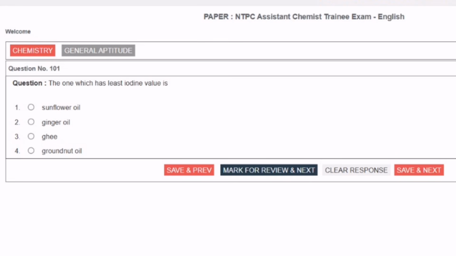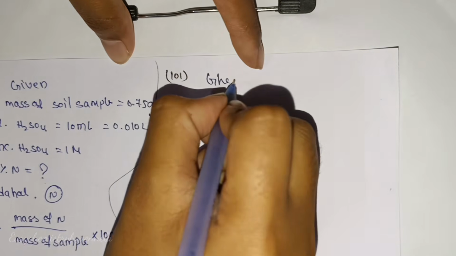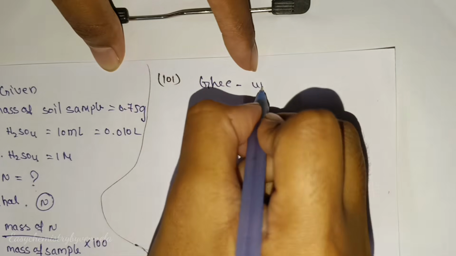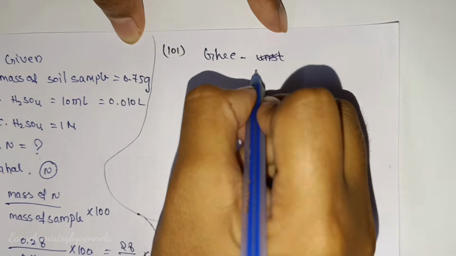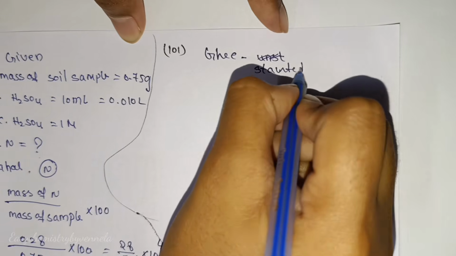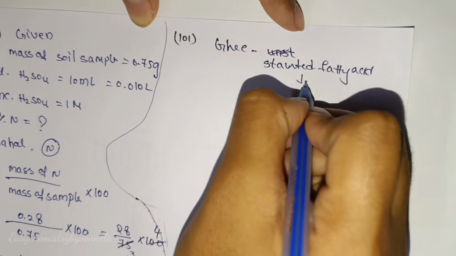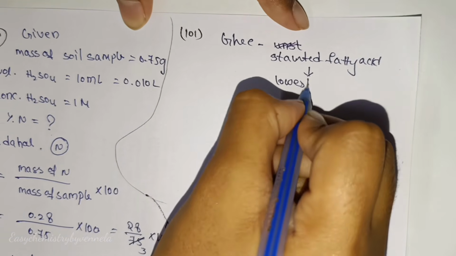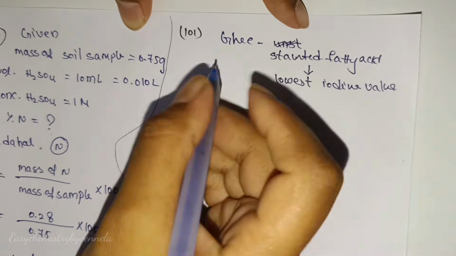Next question. The one which has the least iodine value: sunflower oil, ginger oil, ghee, groundnut oil. Which one? Ghee. Because ghee is a saturated fatty acid. This has the lowest iodine value.